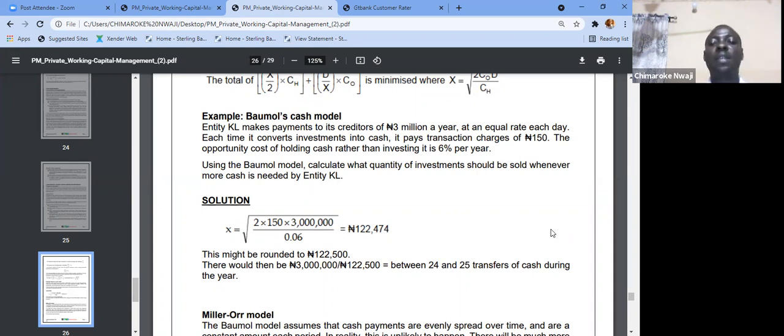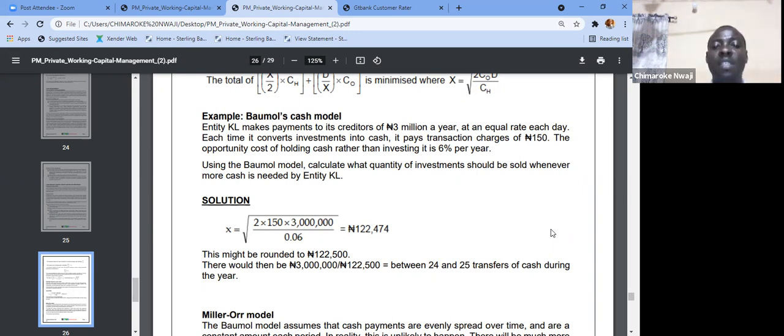The holding cost here is 0.06. When you divide and take the square root, it gives 122,475 naira worth of investment needed.